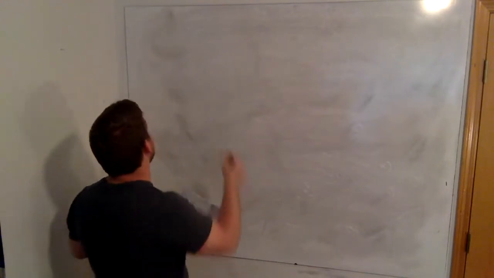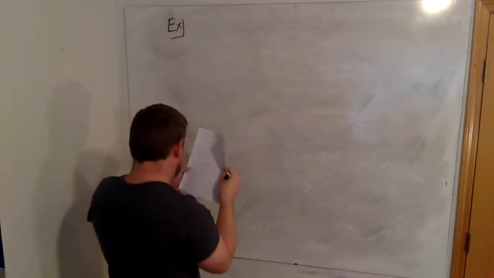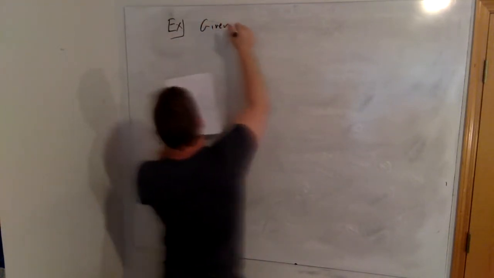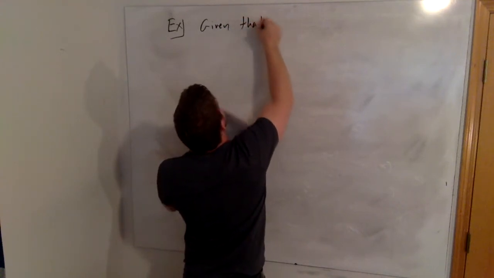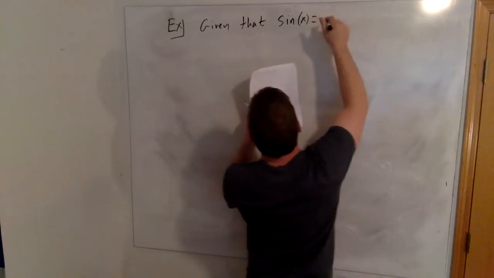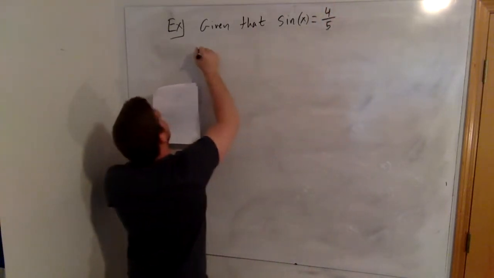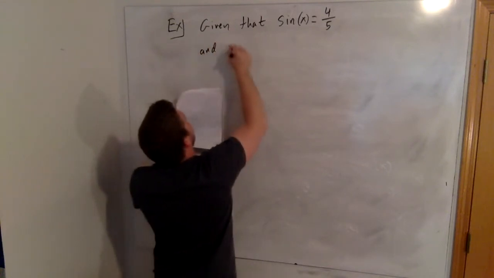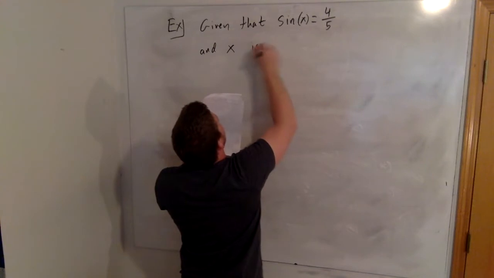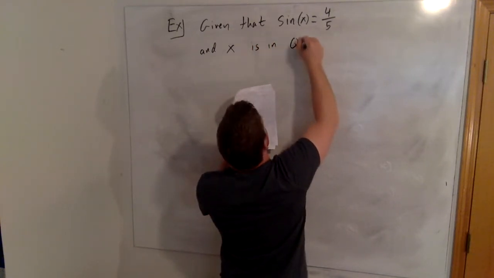Our first exercise, or how about our first example, is let's say we're given that sine of x is equal to 4/5, and x, here we're thinking about x being an angle, and x is in, let's say, quadrant 2.